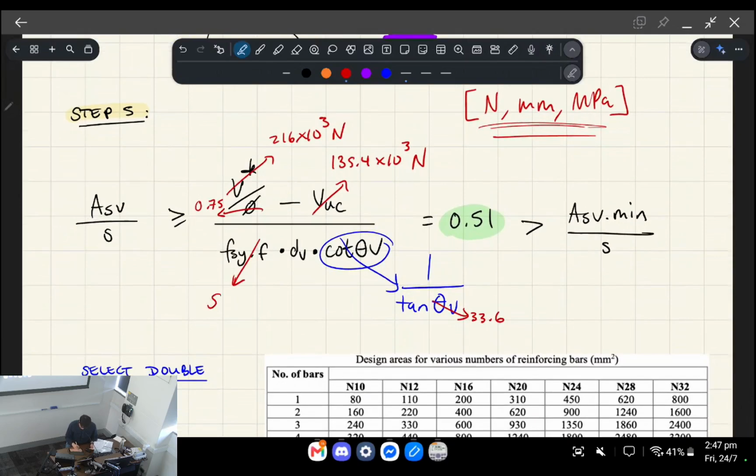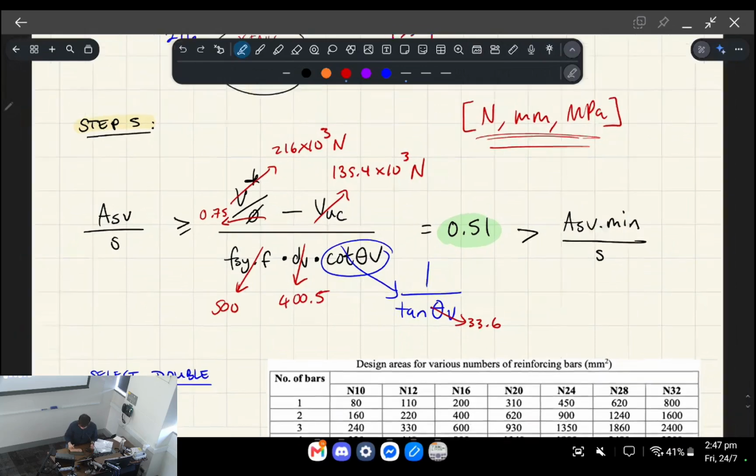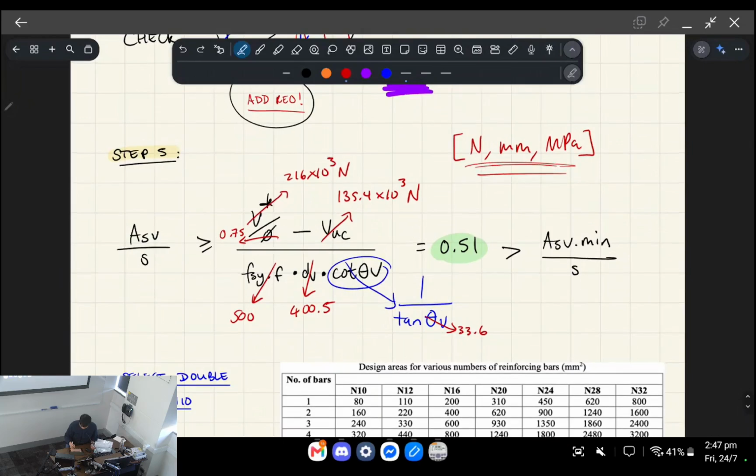FSY.F is 500. DV, which is your internal lever arm, is 400.5. And then we plug in theta V into cot. Anyway, once you do this calculation, you'll find that the middle inequality is equal to 0.51.